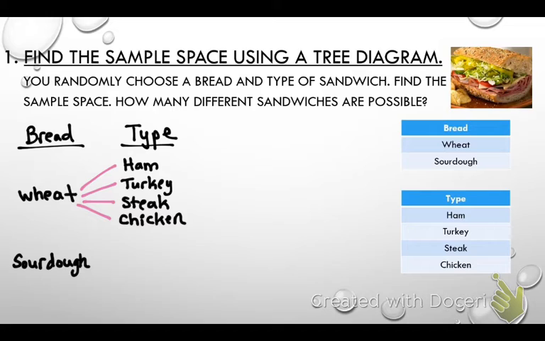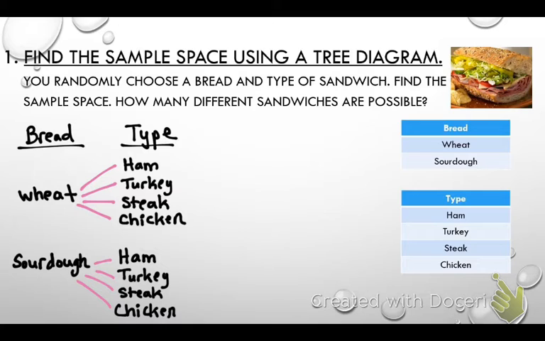Now, down in my sourdough, what types could I have with the sourdough bread? All of them. The same exact kinds also, so go ahead and write them down again. So just like we did before, now I have the sourdough option of having ham or turkey, steak, or chicken.